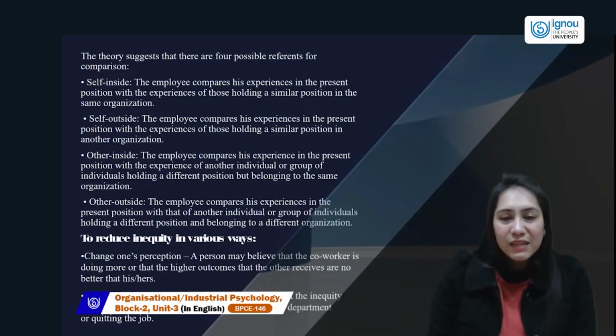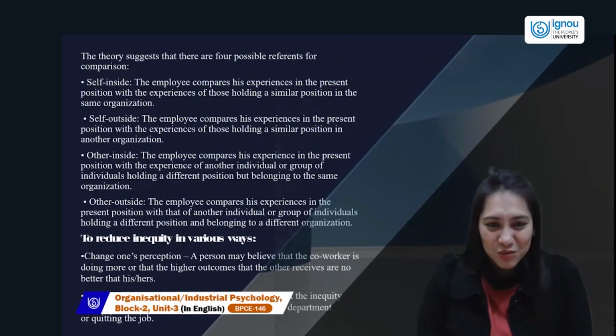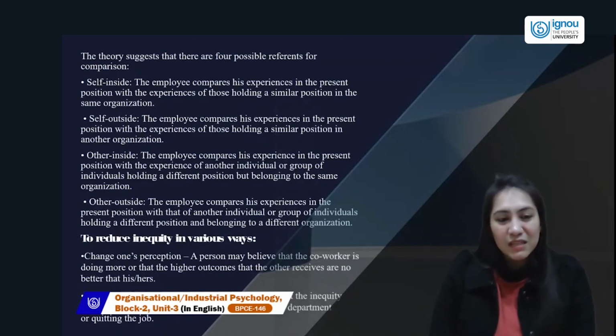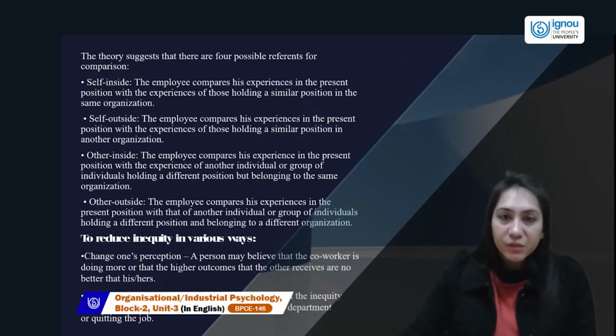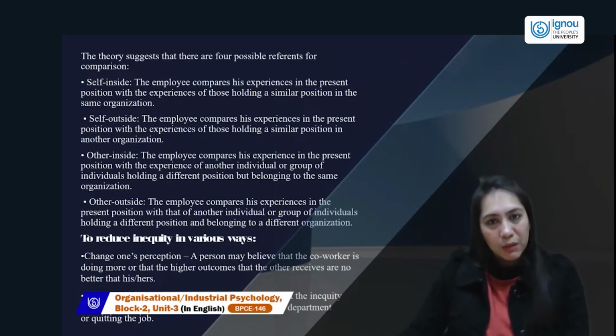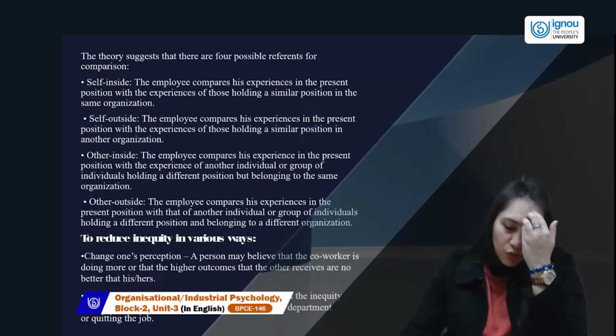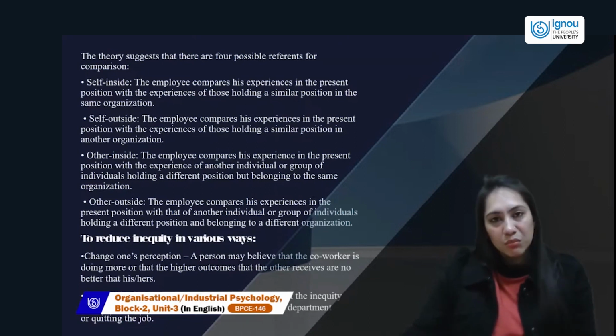The next is leave the field. This is one of the simplest things you can do, as we mentioned in the beginning. A person might think, I need to avoid inequity, so I leave the organization. I cannot survive comparing too much. So I leave the company, look for another job, or a job in another department in my own company. Or I hold two profiles and get more compensation.